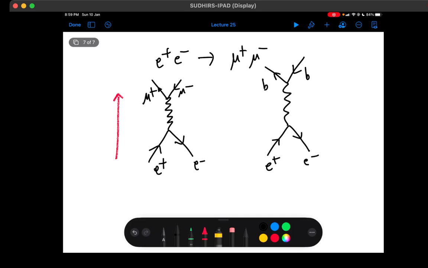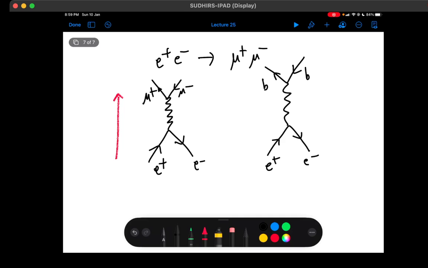It's a sum of three diagrams. So I have to sum over all the colors, c equal to 1 to 3. Let me call it some index c, which is the color factor.